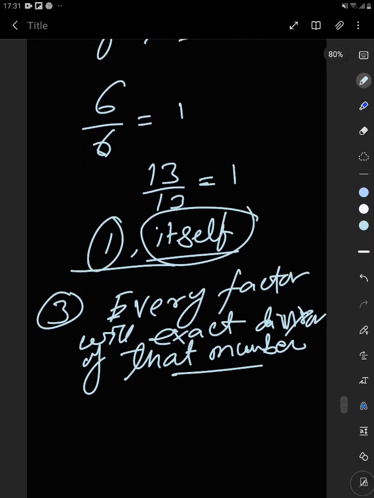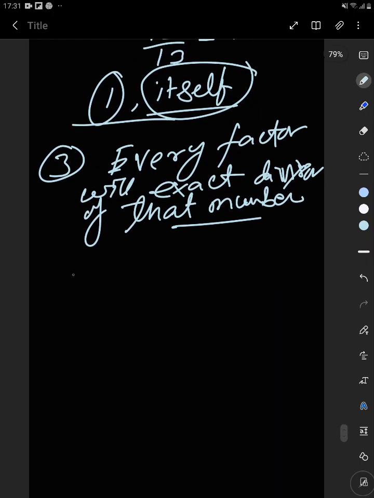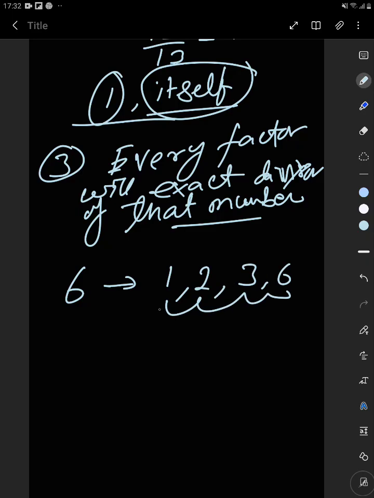What we have explained here, the factors of 6 will be 1, 2, 3 and 6. If you divide 6 by any of these, then it will divide exactly without any remainder. This is the meaning that we are talking about.